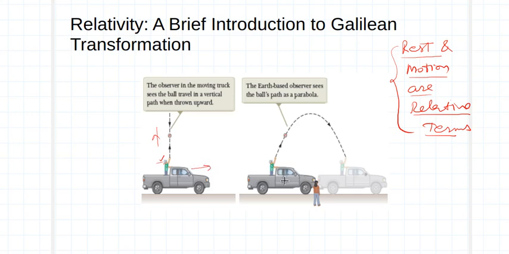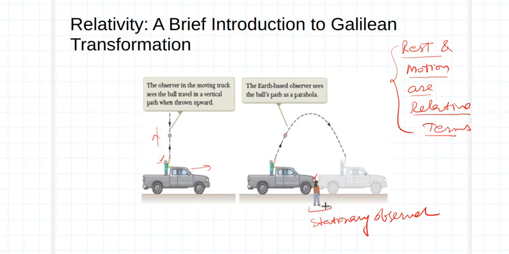So that means for an observer who is outside the truck and is a stationary observer, it seems that this ball follows a parabolic path, right?